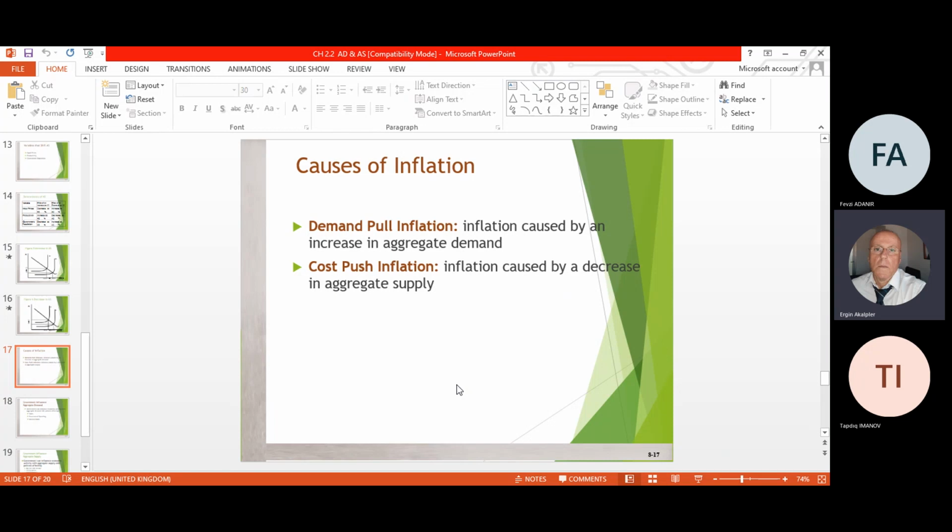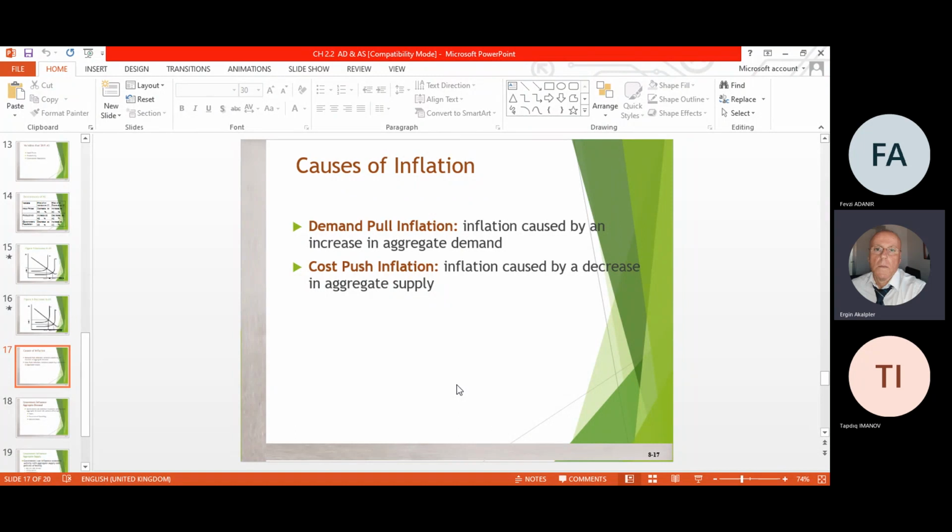Therefore, this will shift the prices to a higher level, as in the pandemic period. If you remember, toilet paper and other hygienic materials, disinfectant, and gloves, the hand gloves that we use, became very expensive because demand was high.